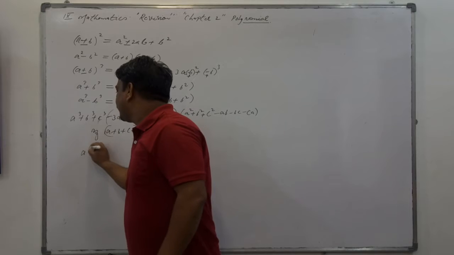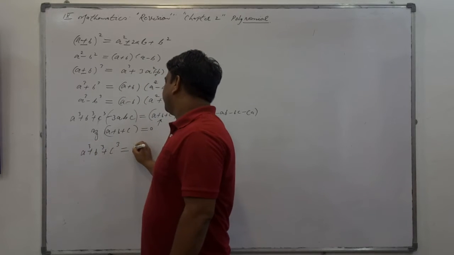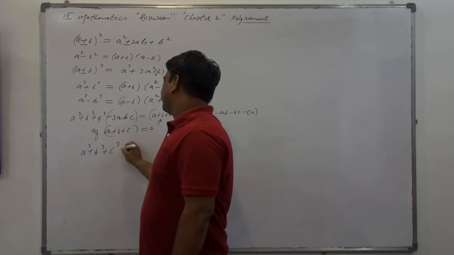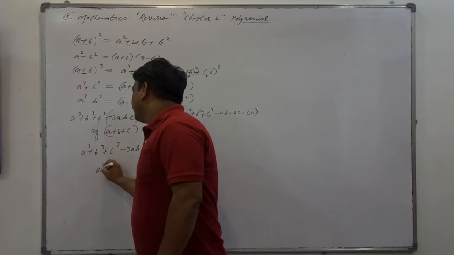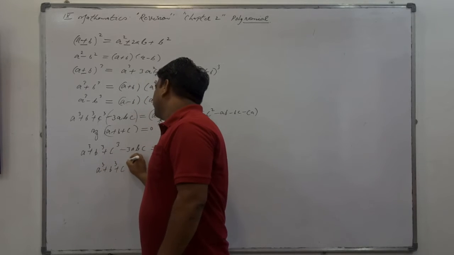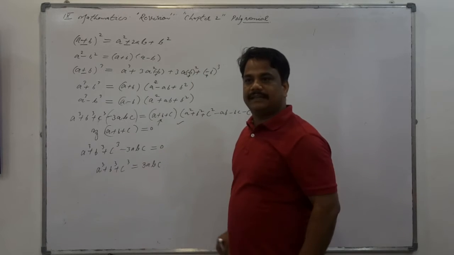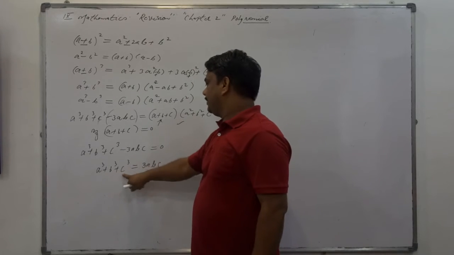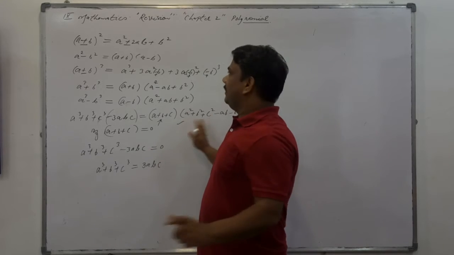If the whole right side will become 0, then what does this mean? Then this expression can be written like that, minus 3abc is equal to 0, and here a cube plus b cube plus c cube is equal to 3abc. Is that clear or not? a cube plus b cube plus c cube is equal to 3abc. Right or not? Well, clear or not?